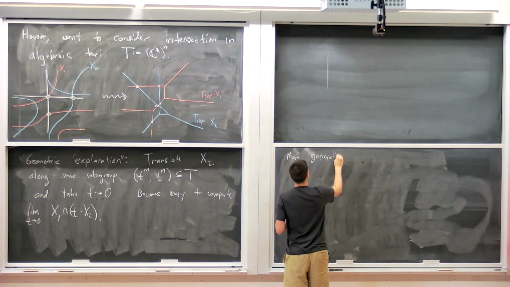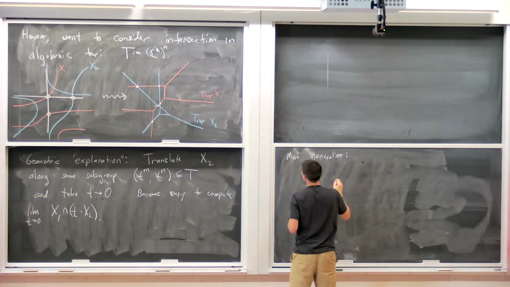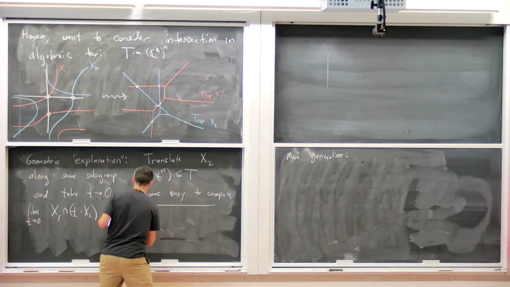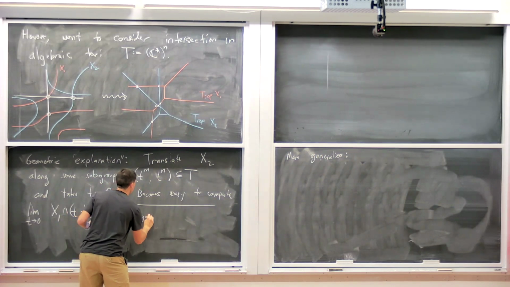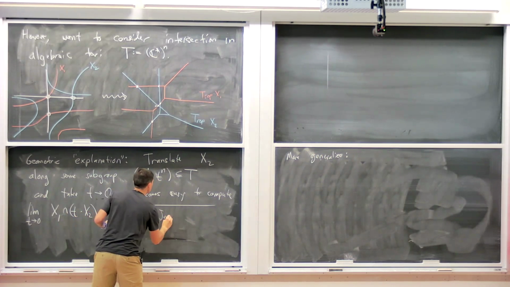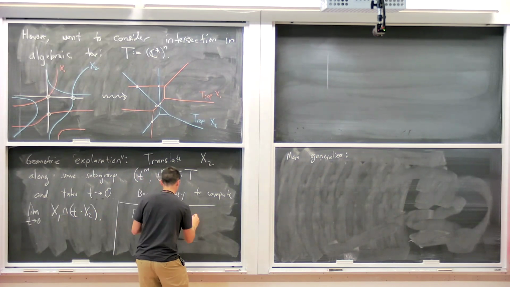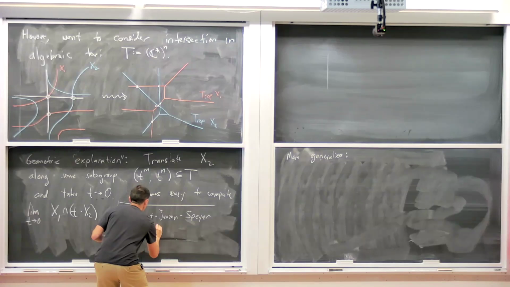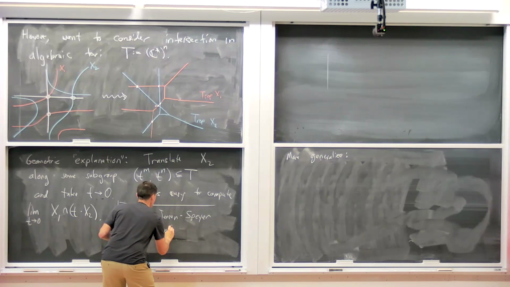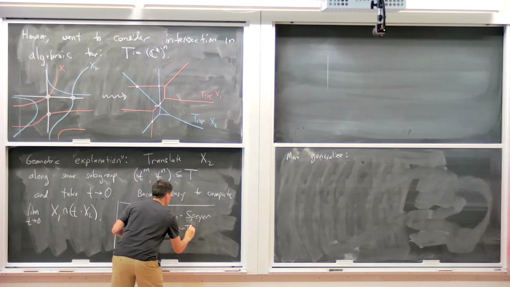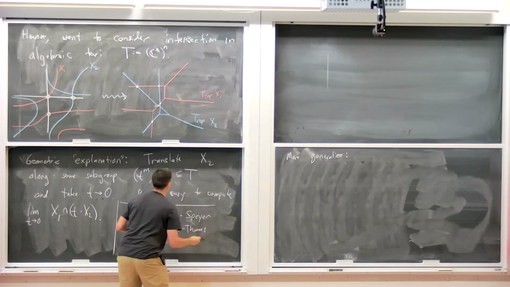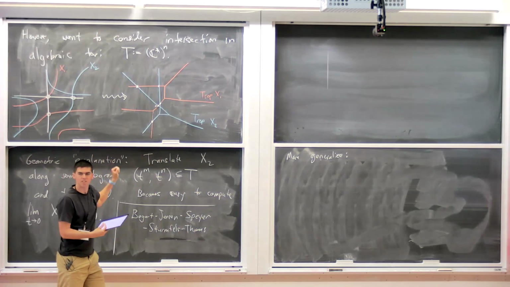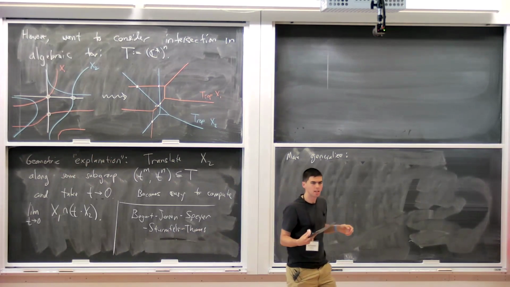I should say, since I've been leaving out attributions, this whole idea, I think, originates in work of Bogart, Jensen, Speyer, Sturmfels, and Thomas. This idea that you can tropicalize and then intersect and you get the same answer.